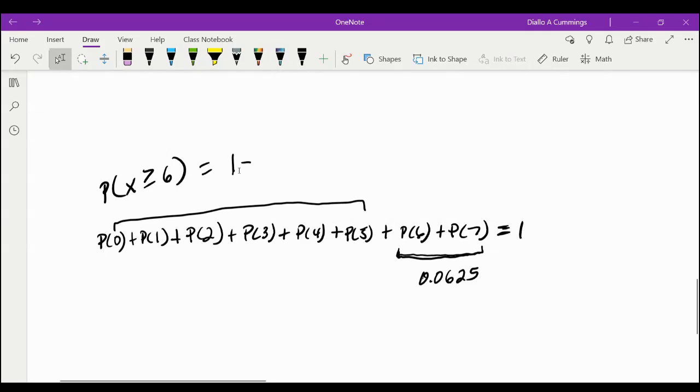So in the calculator, using the binomial CDF function, I'm going to put in 1 minus, and I'm going to choose binomial CDF.